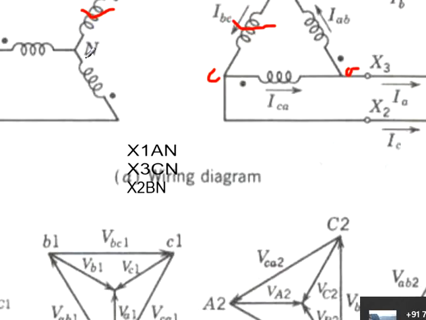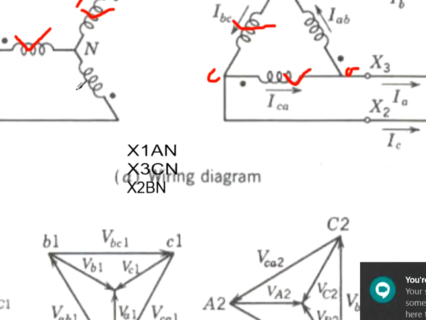So I should relate this to this, and these two are parallel, and now this and these are parallel. Always the primary winding leads the secondary winding by 30 degrees. So VAN leads VX1 by 30 degrees, VBN leads VX3 by 30 degrees, and VCN leads here.